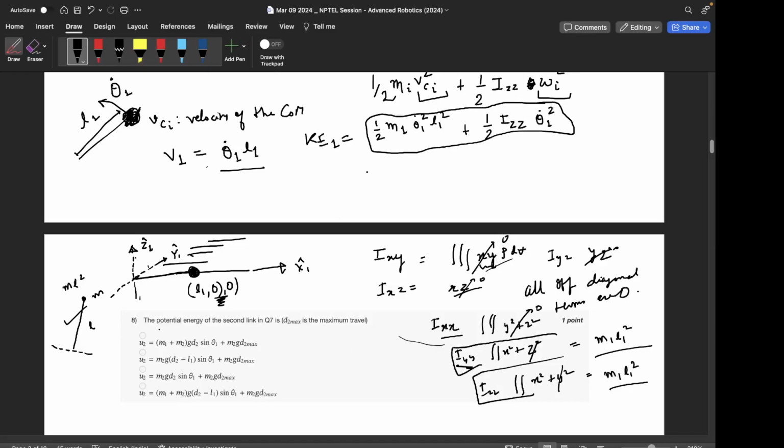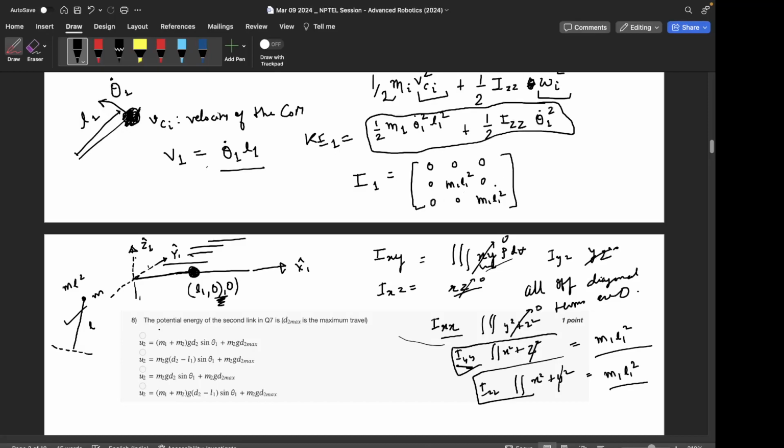So if you want to write the full inertia tensor in the first reference frame for this link, it will be 0, 0, 0, 0, 0, 0, 0, and two non-zero terms only, which are this Iyy and Izz.